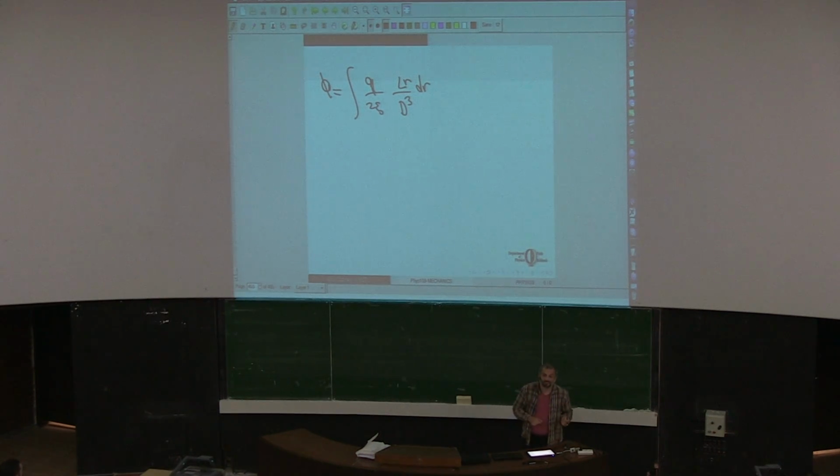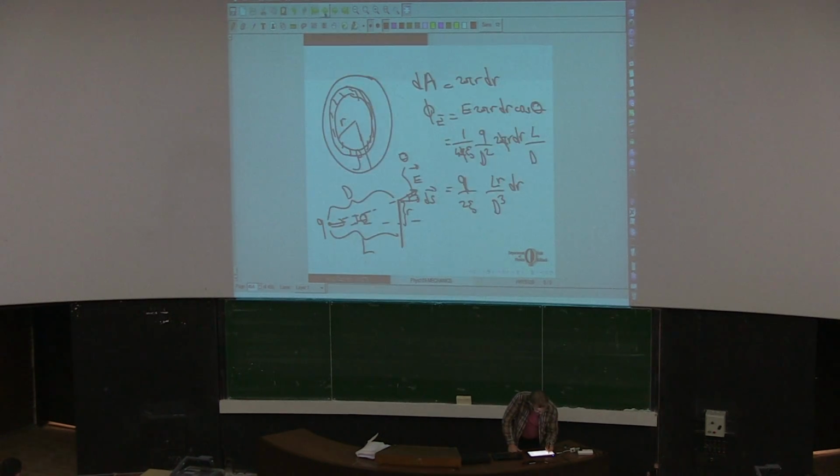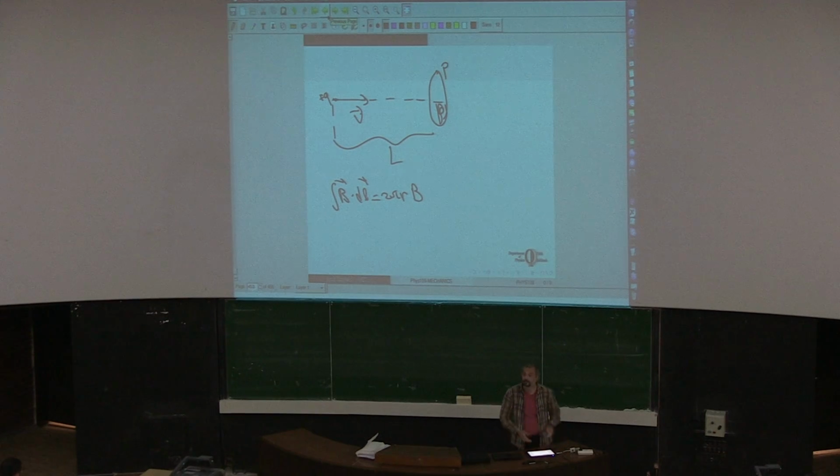The smallest ring has radius 0. The largest ring has radius rho. If you go back to our original picture, we are trying to calculate the flux that goes through this disk, which has the radius rho.